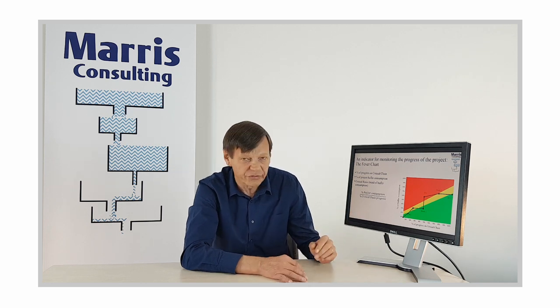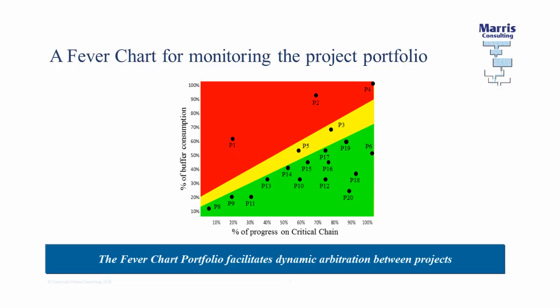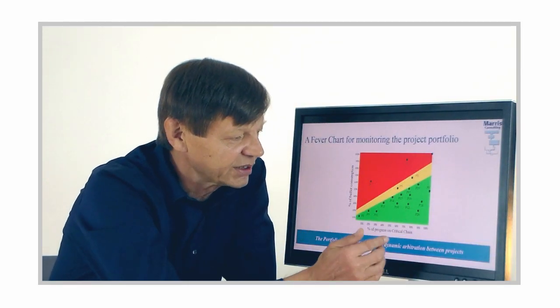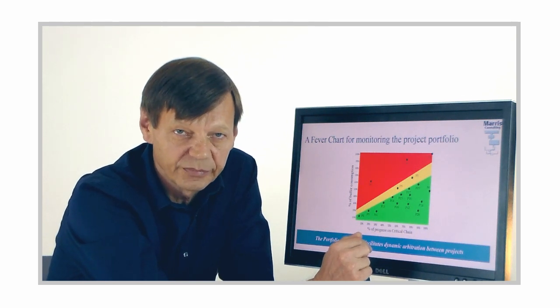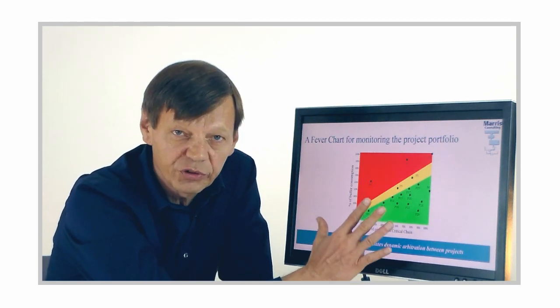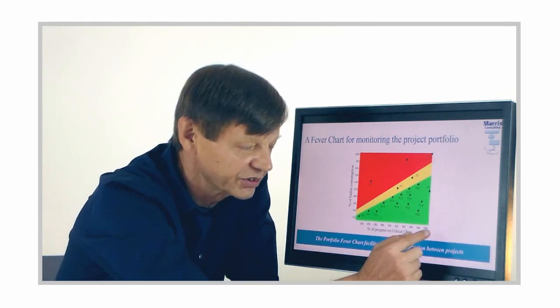And the beauty of this system, of the fever chart, is that you're going to use exactly the same chart for managing a whole portfolio of projects. It's the same, except each one of these dots here now is a different project. Okay? And you can put them all on the same page, even if they're very different objects, because we're talking in percentages here.